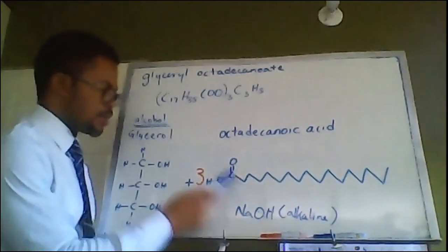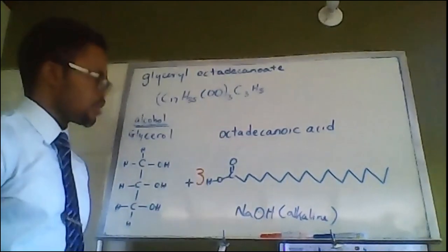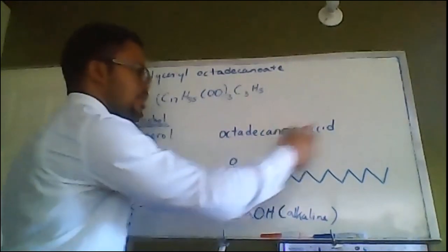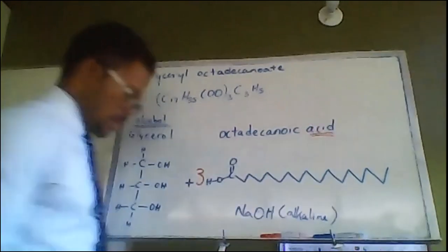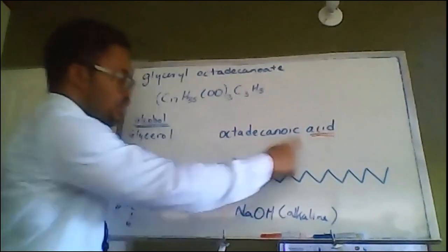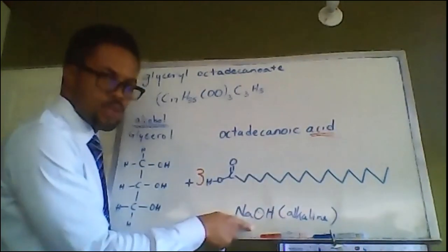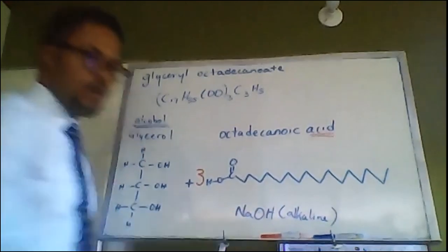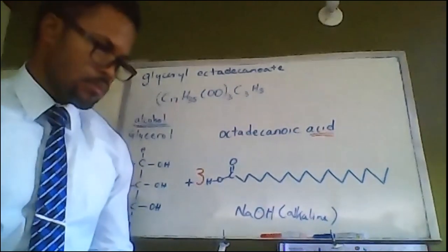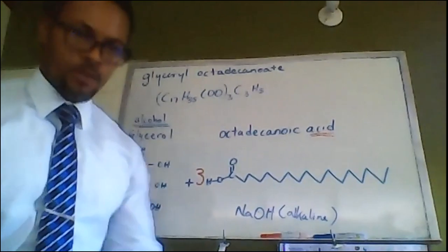What is going to happen, since this is an acid, is the acid will react with the base, which is the sodium hydroxide, to form a what? What are we going to form? Salt. We're going to form a salt.